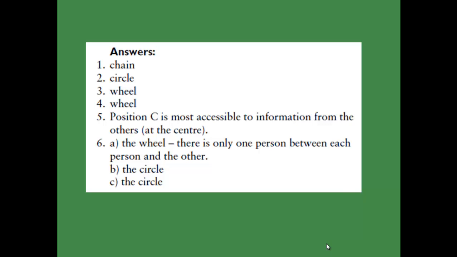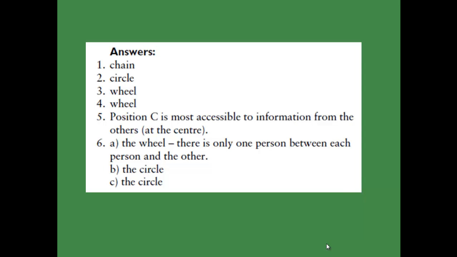With circle group. In the circle group, each person can communicate with two others. Number 3. In which structure does C receive all the information directly? Yes, in the wheel group. In the wheel group, C receives all the information directly.